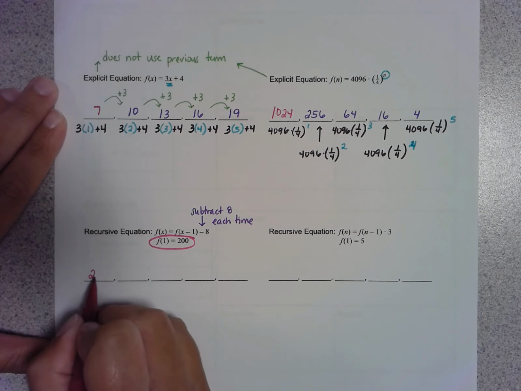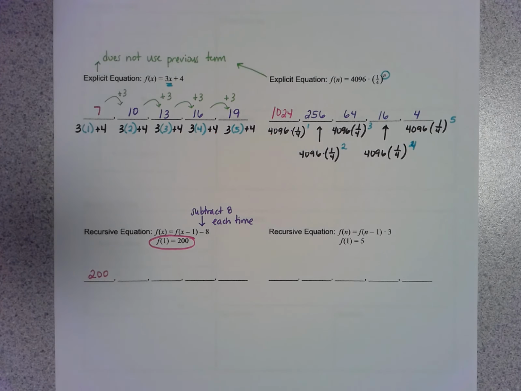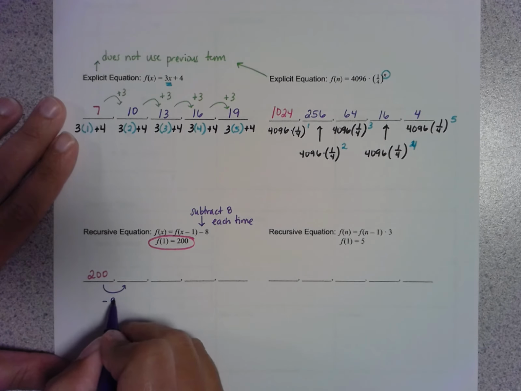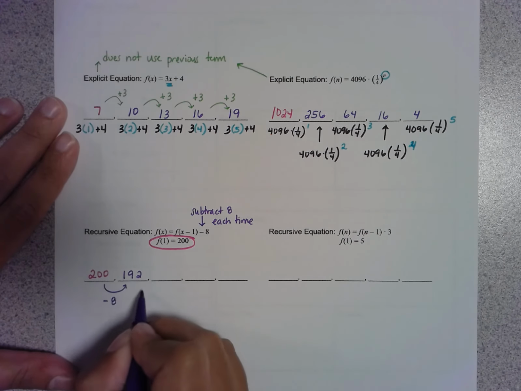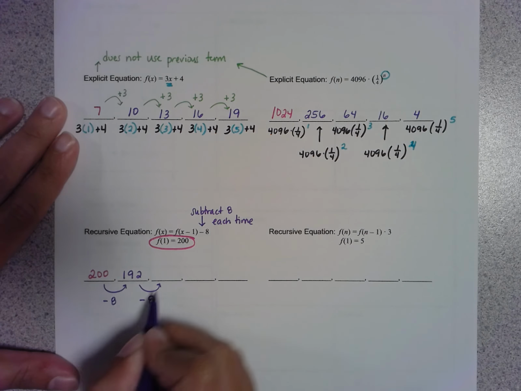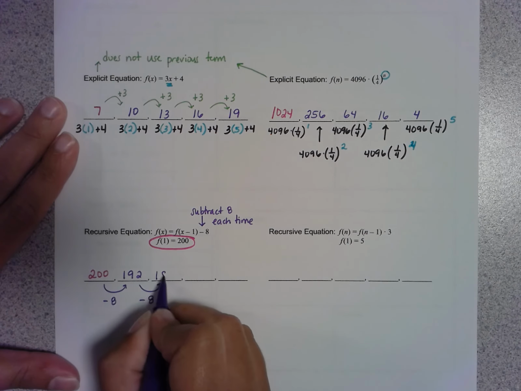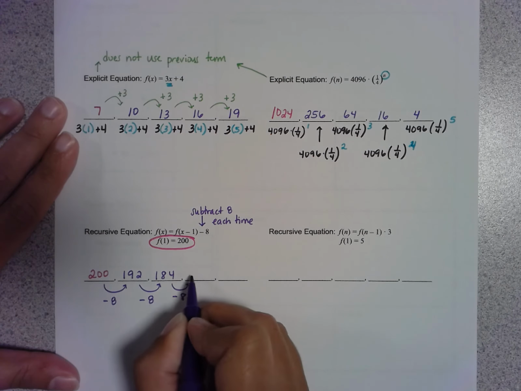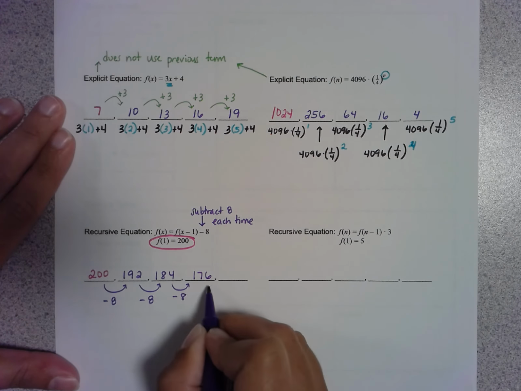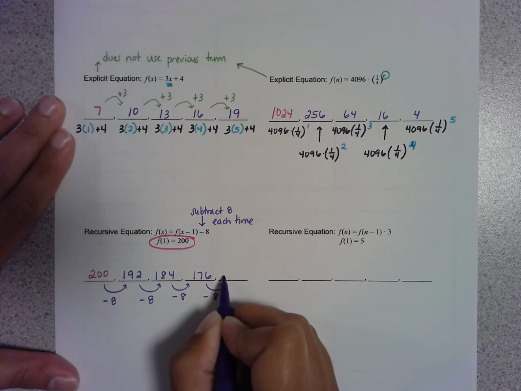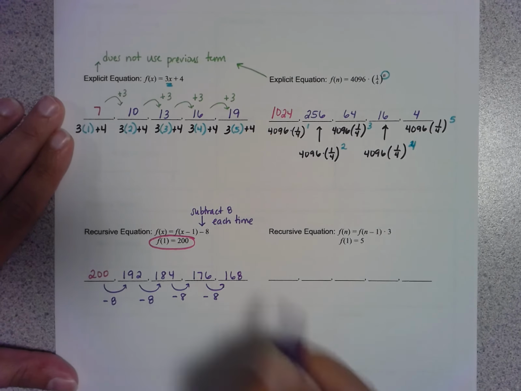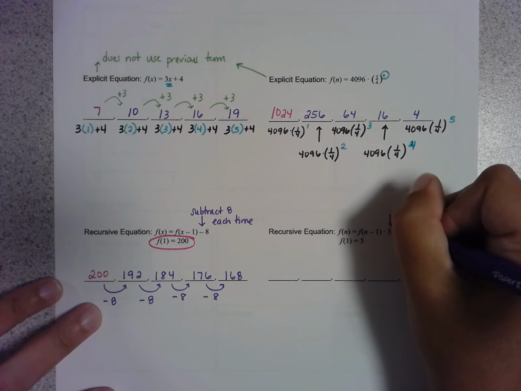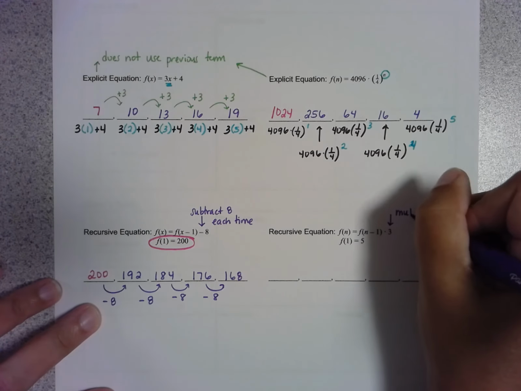So I'm going to start with 200 as my output, and I'm going to subtract 8 each time, which means I get 192, I get 184, I get 176, and I get 168.